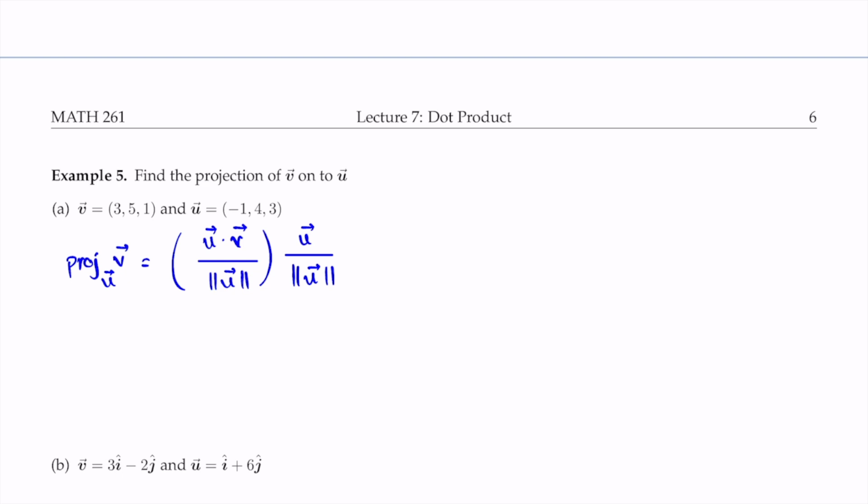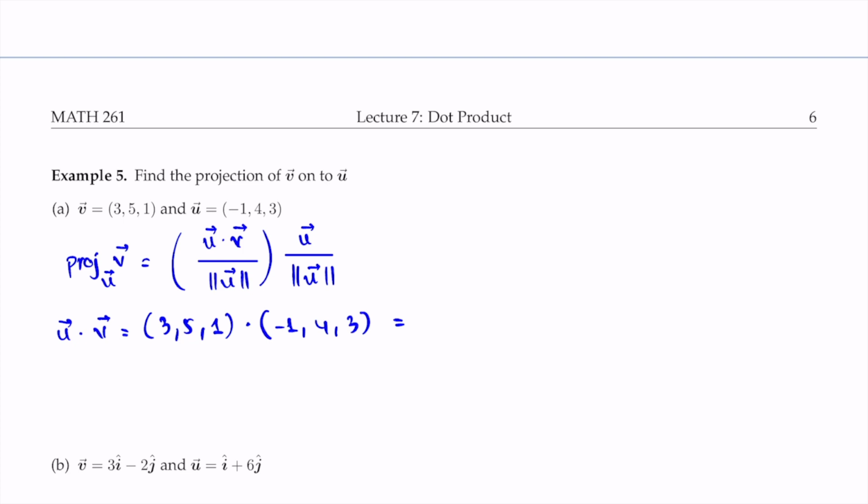So here are a few calculations that you want to do. First, I want to calculate the dot product between the two vectors, and then the magnitude of u. So the dot product between the two vectors is 3, 5, 1 dot negative 1, 4, 3.